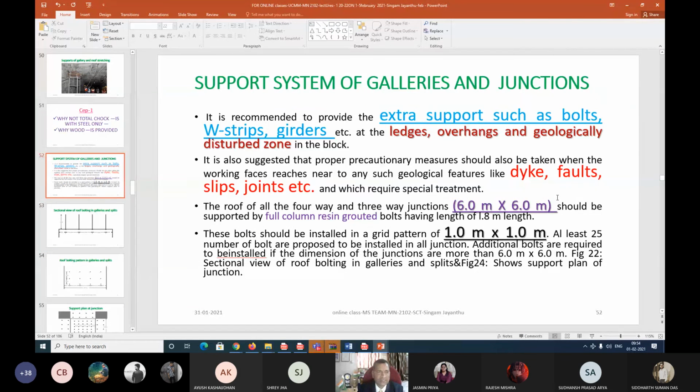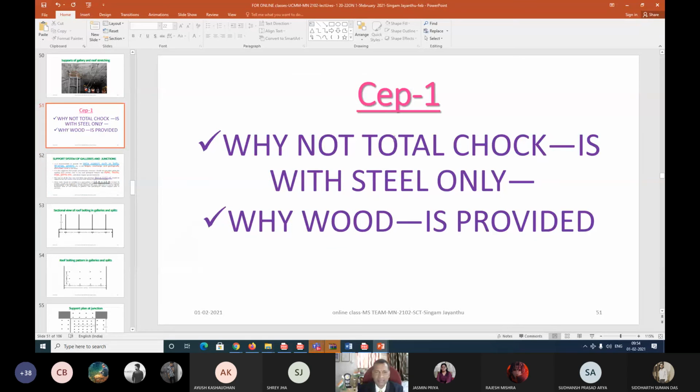Right. So this is what we were discussing. The CEP question was, why not total support with steel only? Why is wood provided on that?